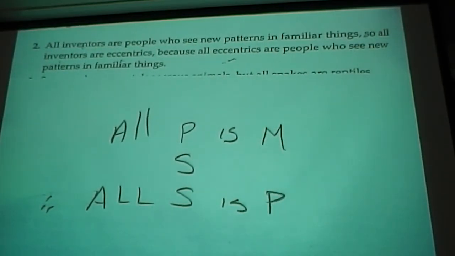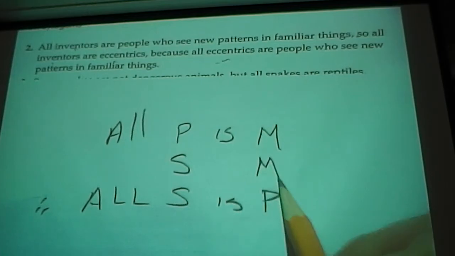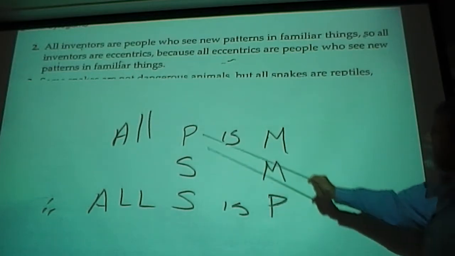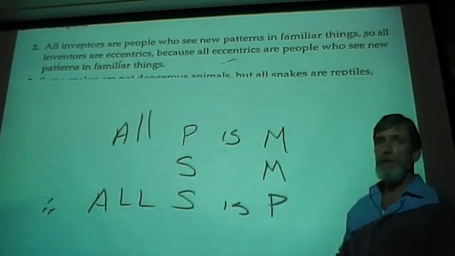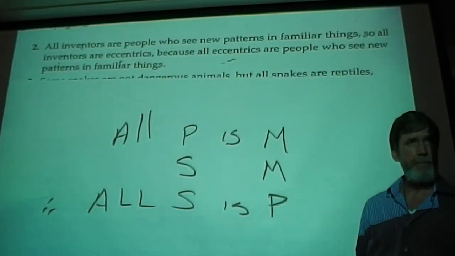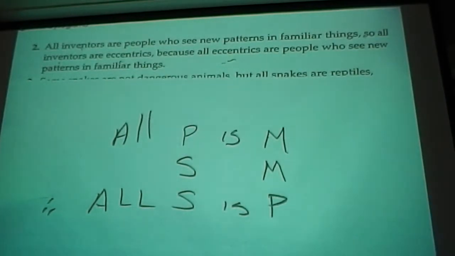That premise has to contain the middle term M, and there's only one place for it to go. Right there. Then you just finish off the translation by identifying, well, what sort of proposition does that translate or reduce to? It's another A proposition, right? So fill in your quantifier and copula.